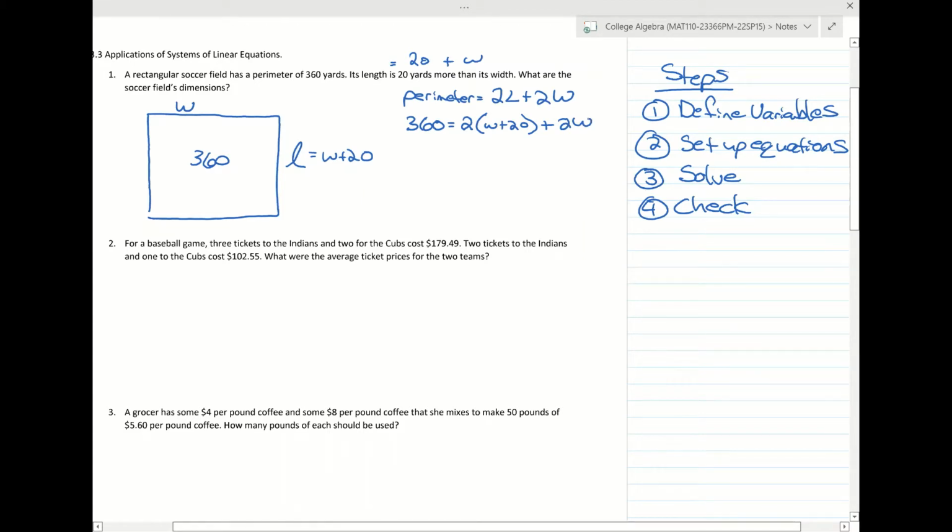That's how we defined our variables. So just finishing this up, we get 360 is equal to 2 times (W plus 20) plus 2W. So we just distribute that. 360 would be 4W plus 40.